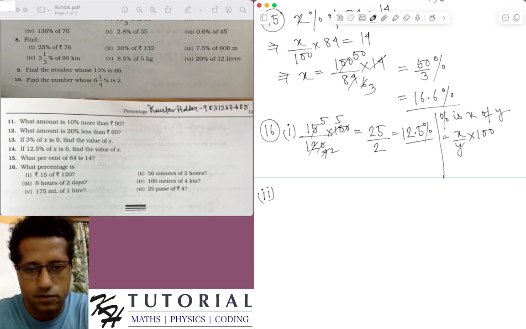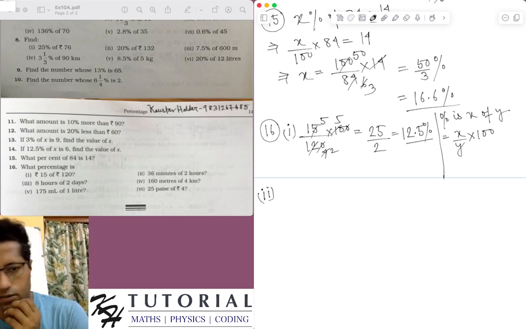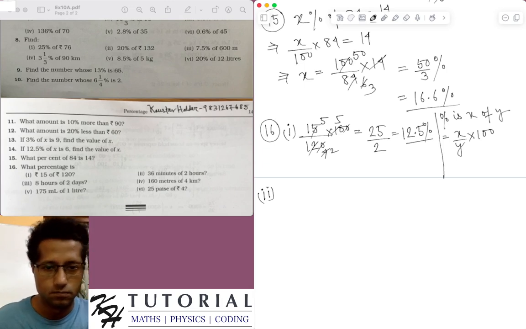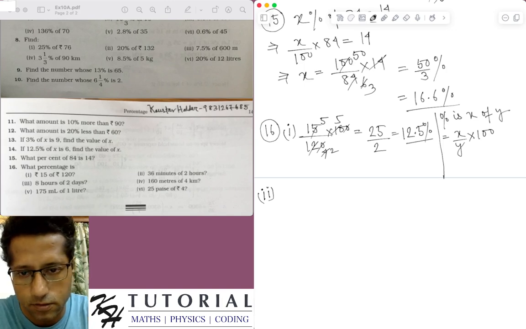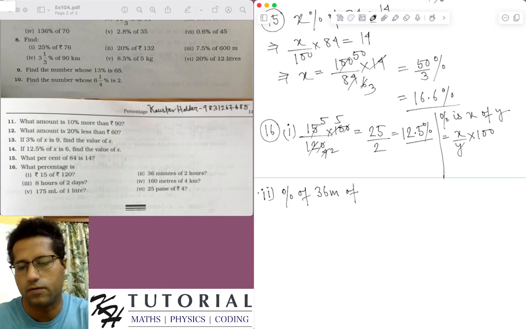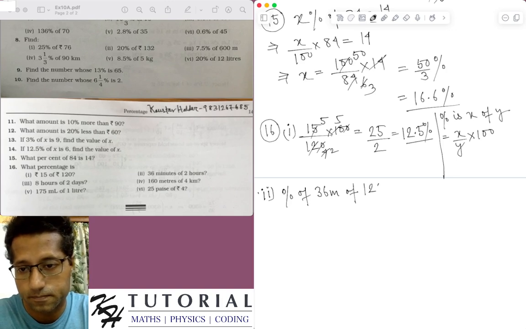Part 2 is 36 minutes of 2 hours. So what is the percentage of 36 minutes of 2 hours? Now remember, whenever some quantity in units are given, both x and y have to be in the same unit. So we have to convert 2 hours into minutes, which is 120 minutes.